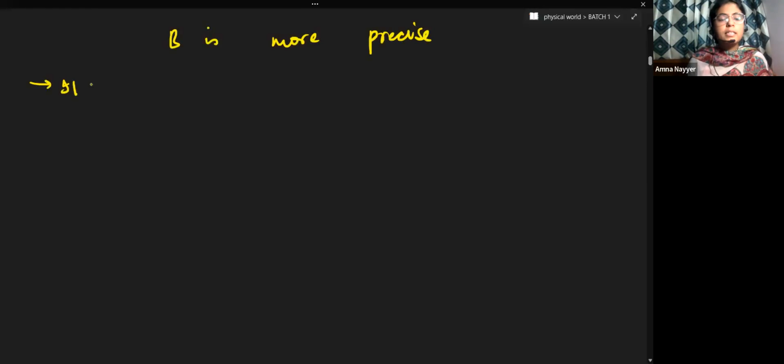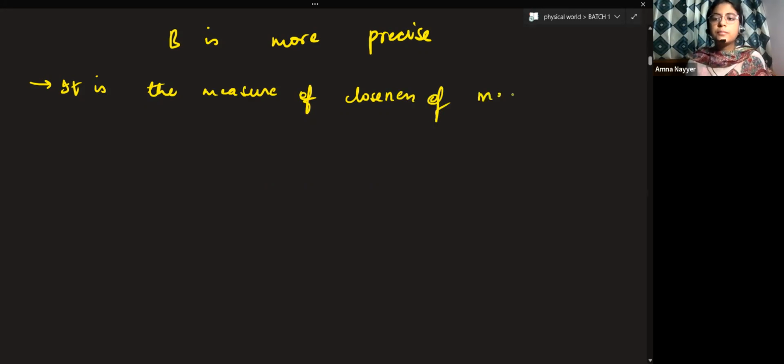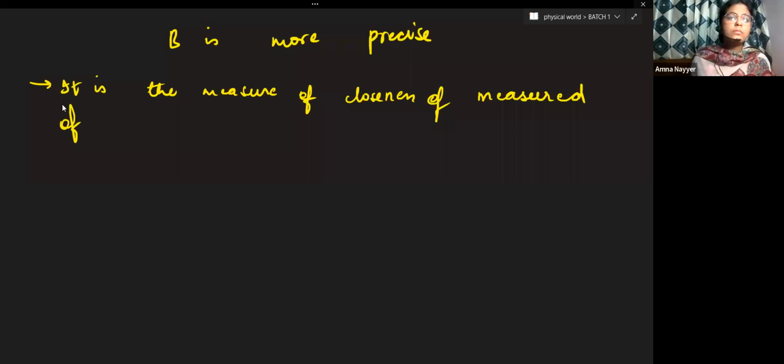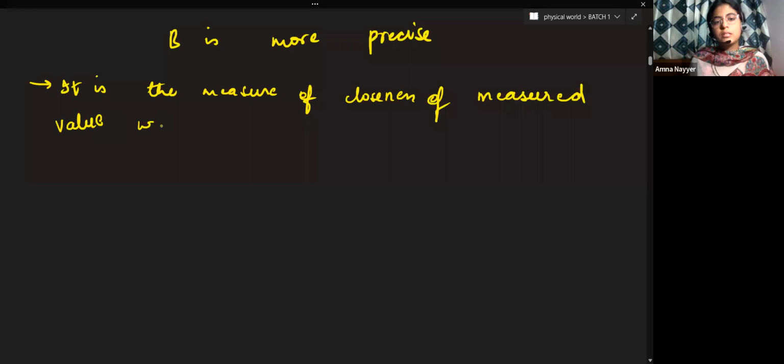So precision is the measure of closeness of measured values with each other.